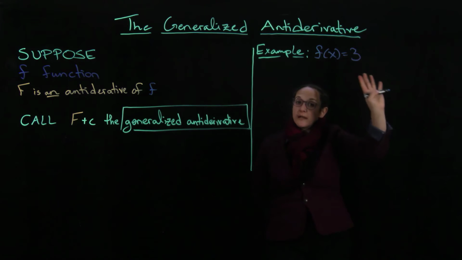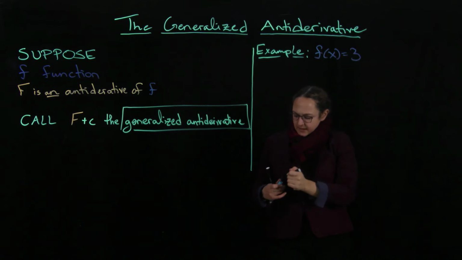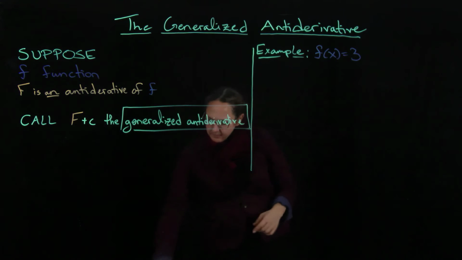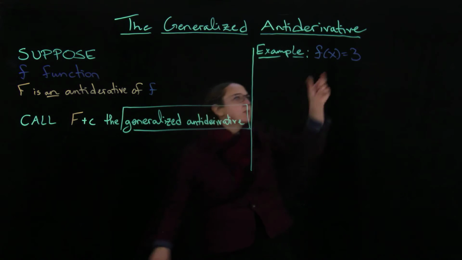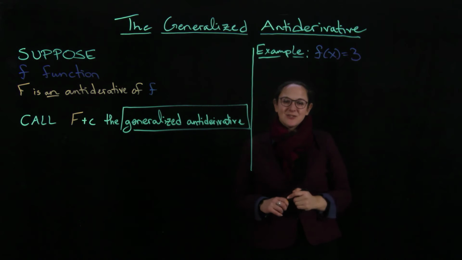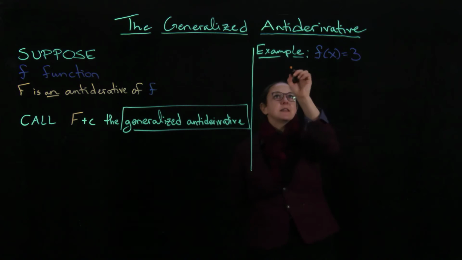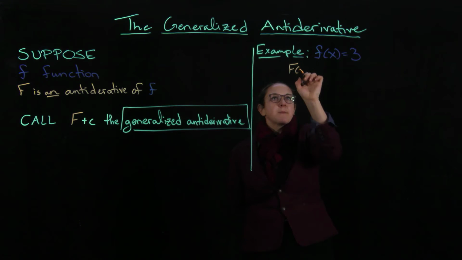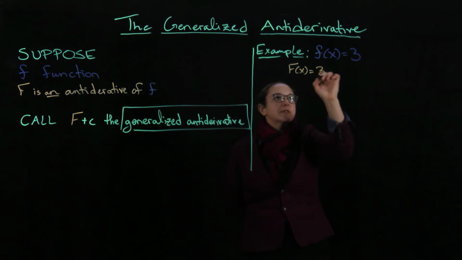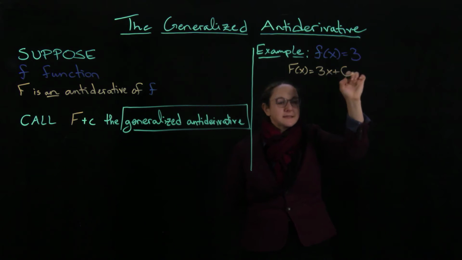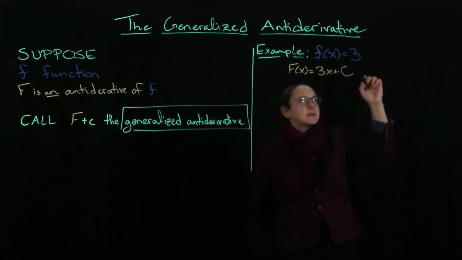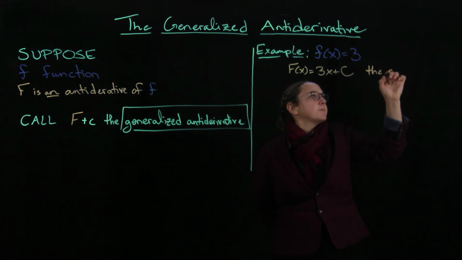Remember, this is like our rate of change, our derivative, so we want to work backwards. What function is going to give us 3? It's going to give you 3x, but we could actually add anything to it. So F of x equals 3x plus c is the generalized antiderivative.